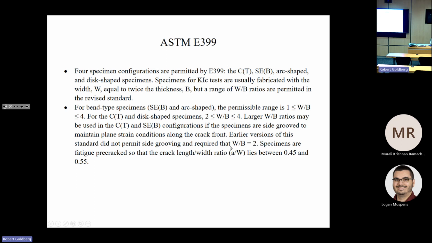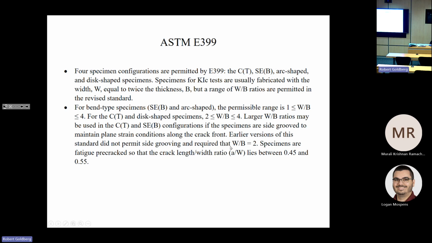The single edge bend specimen, the arc shape, and the disc shape specimens. And specimens for this test are usually fabricated with the width equal to twice the thickness, but a range of width to thickness ratios are permitted in the standard.